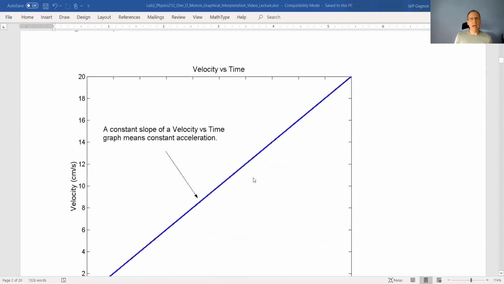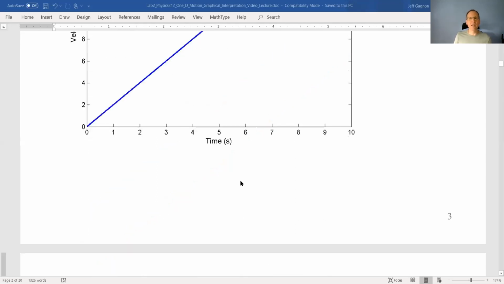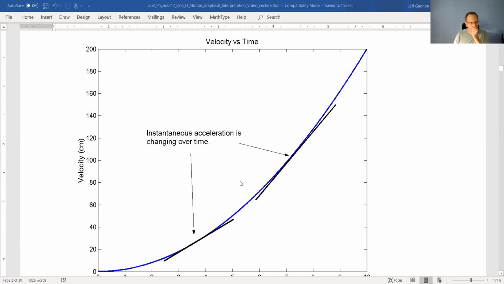And then if I have a linear velocity versus time graph, it means that the acceleration is constant, because the slope of the tangent lines of this graph represents the instantaneous acceleration and they're not changing. Although we won't see this in lab this week, we could have a velocity versus time graph that is curved, not linear.